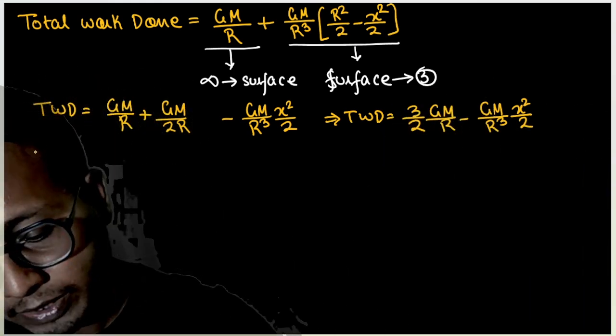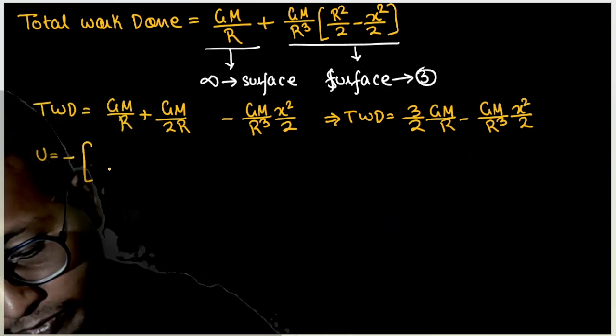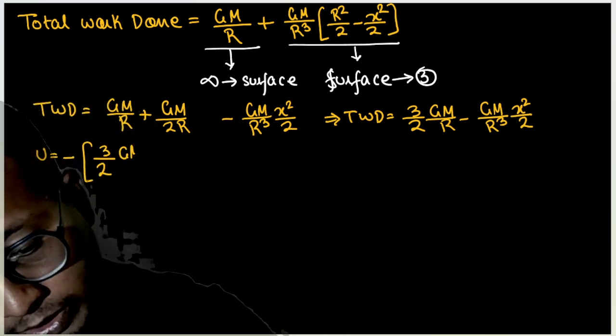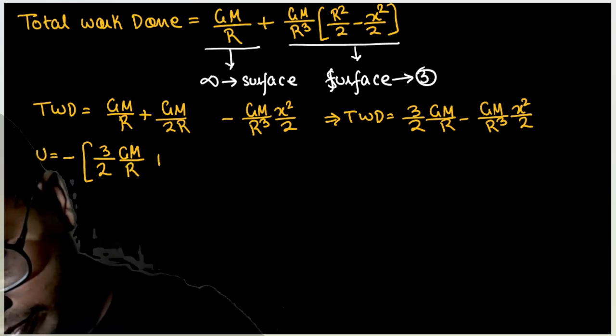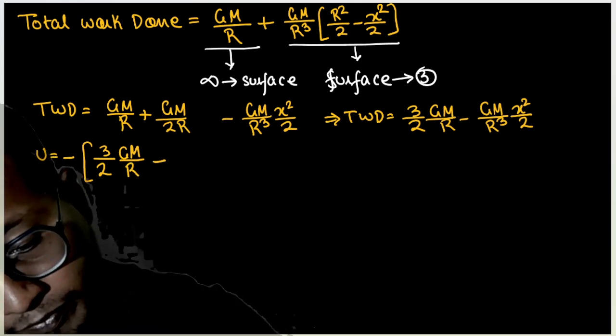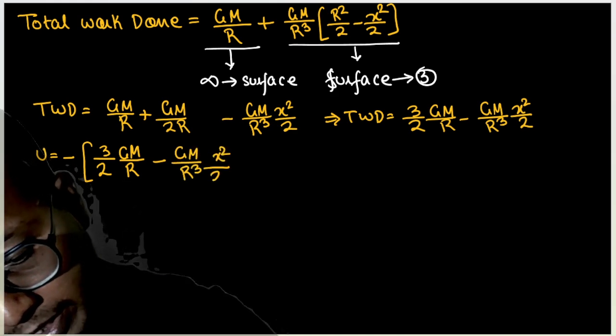So what is the potential? Potential is nothing but the negative of this work done. So it is nothing but negative of 3 by 2 GM by R, and I have to multiply the entire thing by negative, so minus GM by R cube x square by 2.